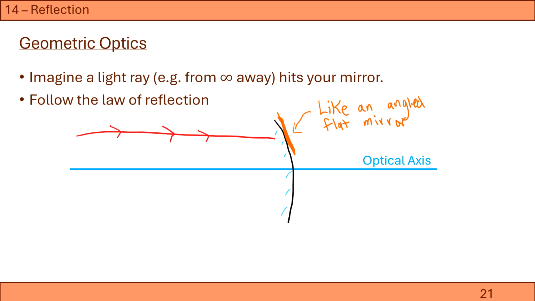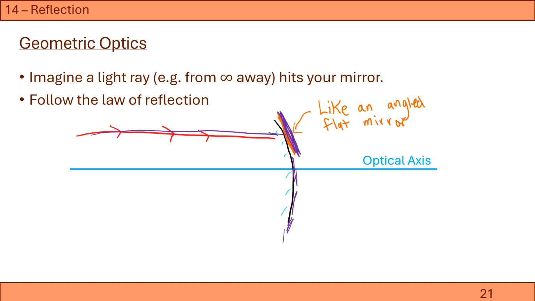Well, if it is, then that light is actually going to go this way and hit the mirror, right? And if we think of this one piece of the mirror as being like a little tiny flat mirror, so we can think of this spherical mirror as being made up of a bunch of little flat mirrors.